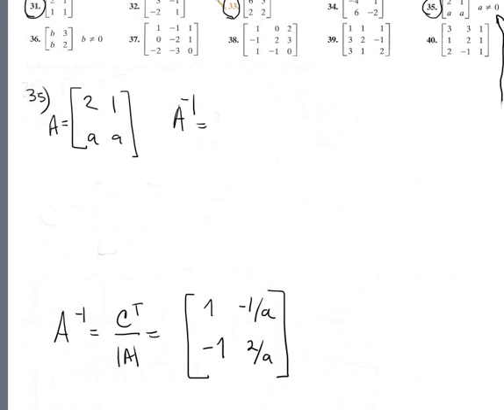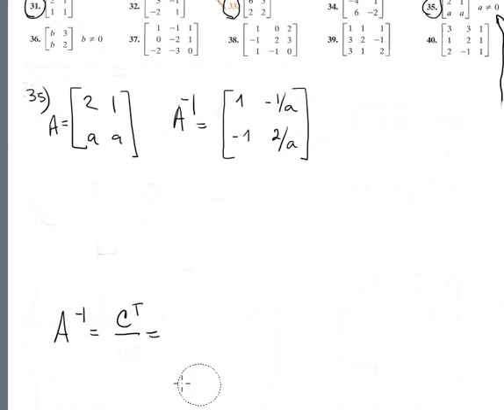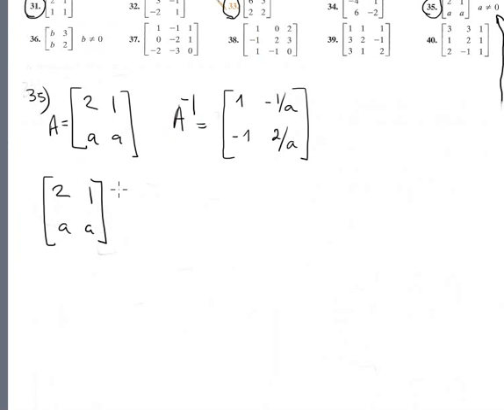The inverse matrix is 1, negative 1 over A, negative 1 and 2 over A. Okay, let's do the multiplication in both directions. First A times A inverse.